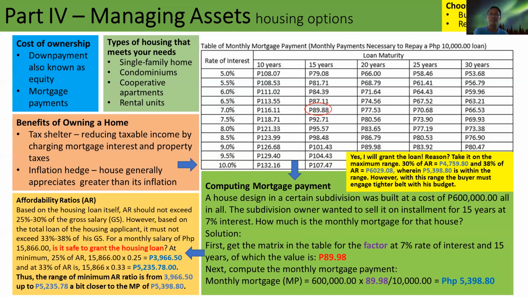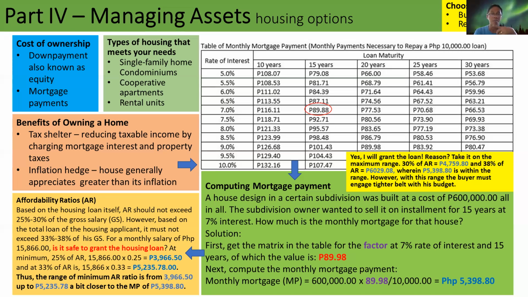Okay, so multiply natin ang 600,000 by 89.88 and then we will divide it with 10,000. So the result will be 600,000 times 89.88 divided by 10,000. 5,392. 6 pesos lang ang difference, no?